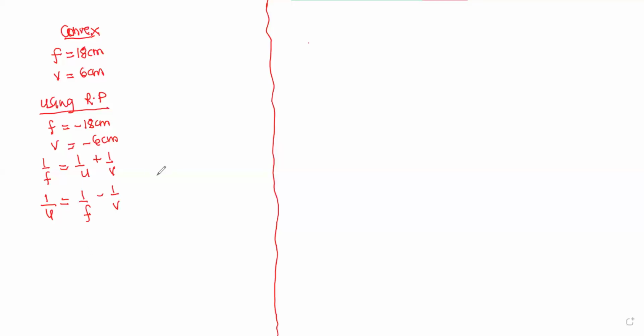But if you can see that, that's also fine. So in this case, we have minus 1 over 18 minus, V is also minus, 1 over 6. But some students usually forget this. They will just bring this minus and that's it.